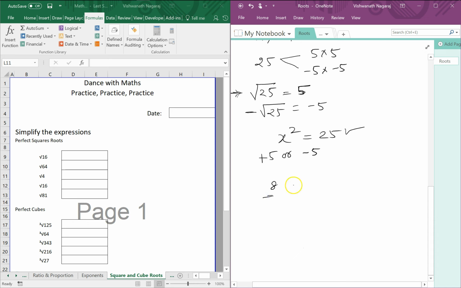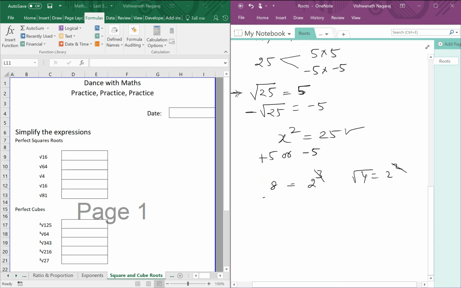Now this is equal to 2 to the power of 3 also: 2 into 2 into 2, 2 2s are 4, 4 2s are 8. So if I remove this 3, what happens here? Same logic as before. We had 4 is equal to 2 square. So if I remove this, I have to put this. So if I remove cube here, I will have to put what?